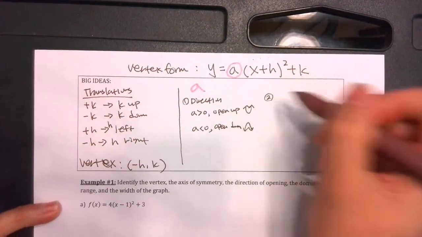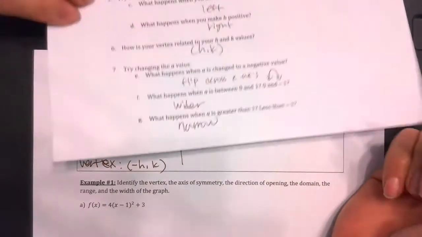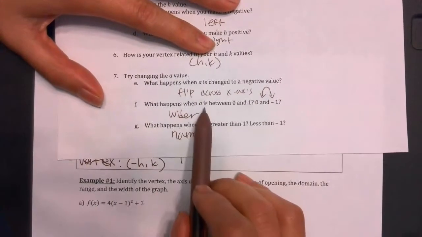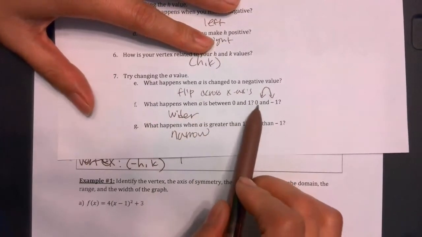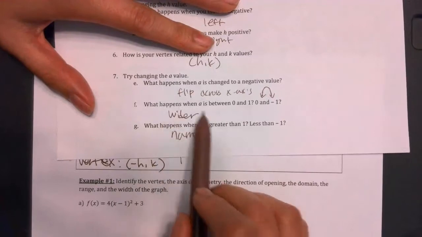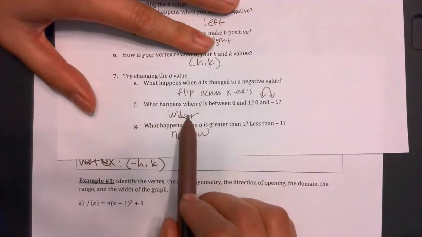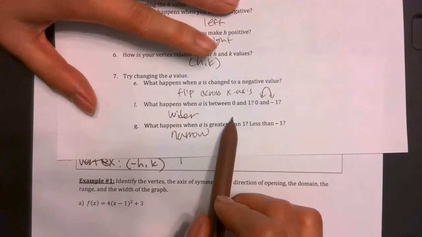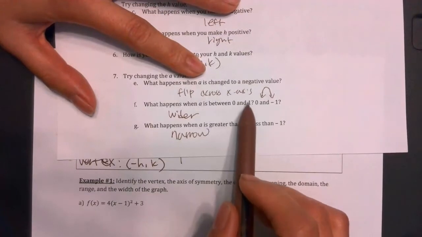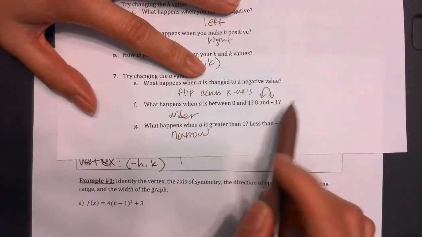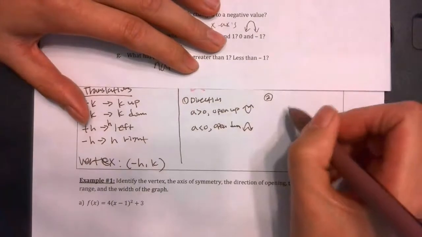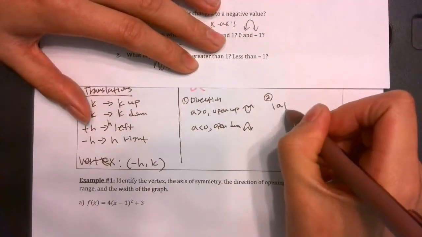A value also tells me about the width. Okay. What happened when a was between 0 and 1 and 0 and negative 1? Your graph was wider than the parent function. Do you know any other way I can say a number between 0 and 1 and 0 and negative 1? We're going to use the absolute value of a.